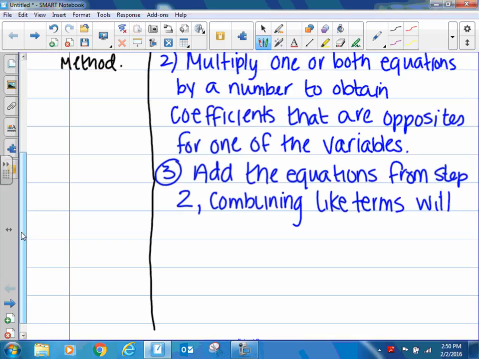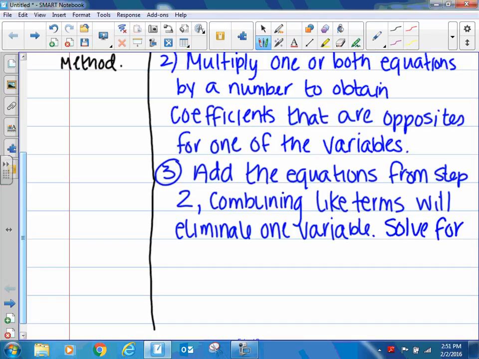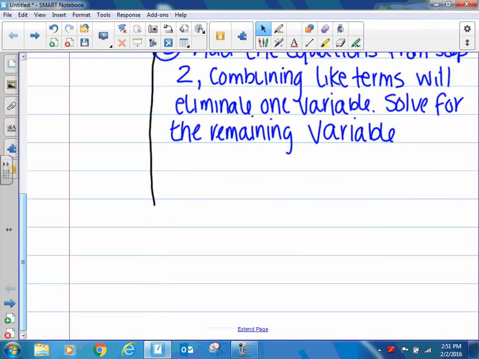Combining those like terms will eliminate one variable, and then we're going to solve for the remaining variable. We're dealing with two variables, most of the time x and y, but it could be other variables. One of those variables is going to be eliminated, and then we're going to solve for the variable that's left over.